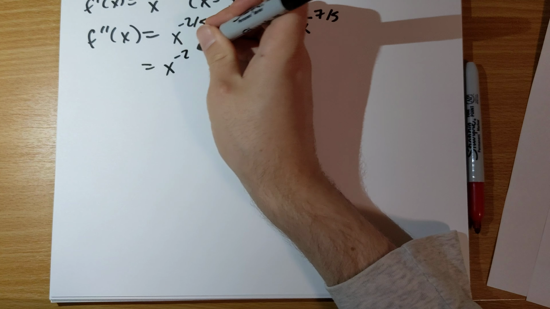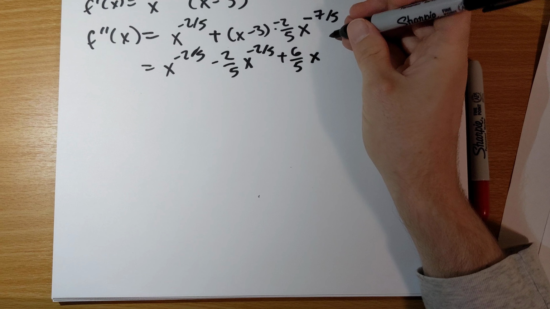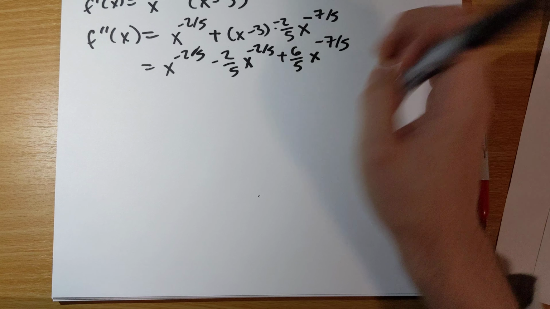Now let me distribute out the multiplication here. x times this would give us negative 2/5 x times x to the negative 7/5, which will be x to the negative 2/5. Negative 3 times all of this will give us plus 6/5 x to the negative 7/5. These two terms, x to the negative 2/5 minus 2/5 x to the negative 2/5, will be 3/5 x to the negative 2/5 plus 6/5 x to the negative 7/5.